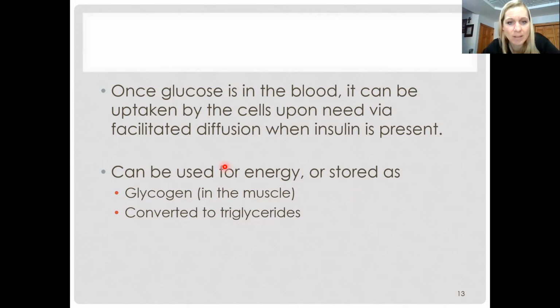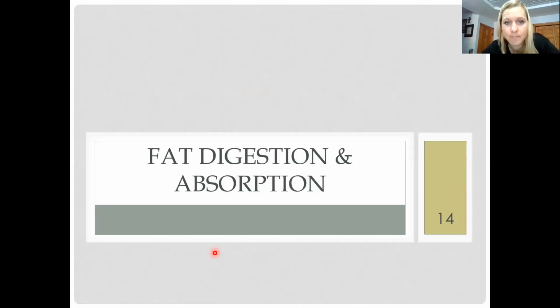We can store these sugars as energy in the form of glycogen within the muscle or in the liver, or we can convert them into triglycerides or fat molecules. So that's basically the basics of what's going on as it relates to carbohydrates.